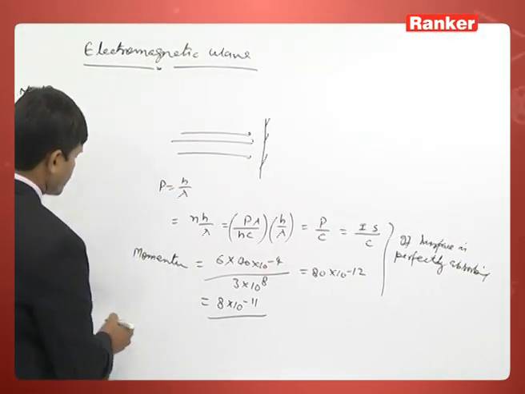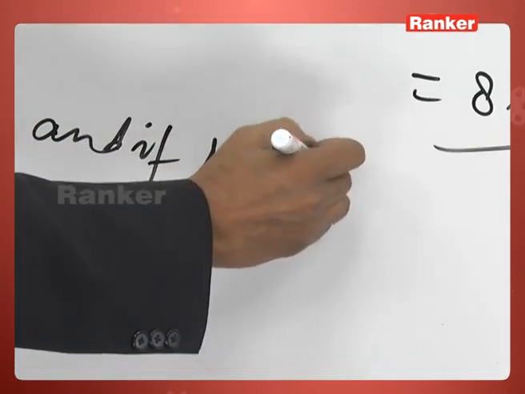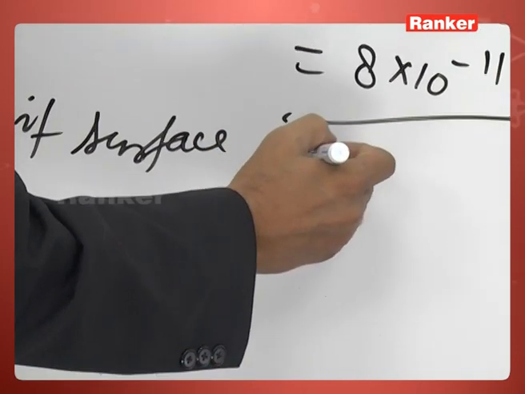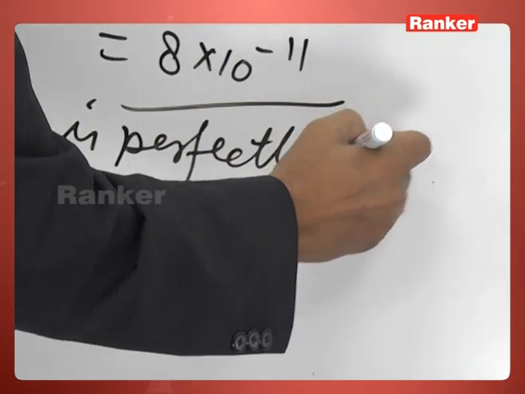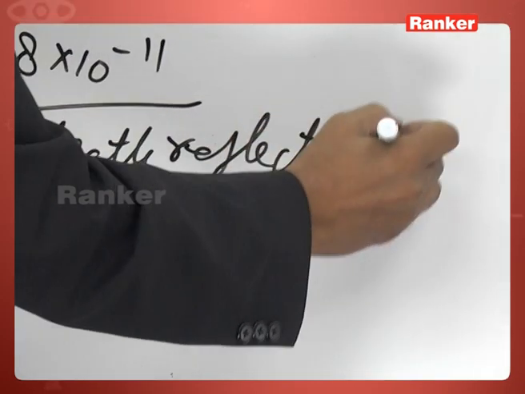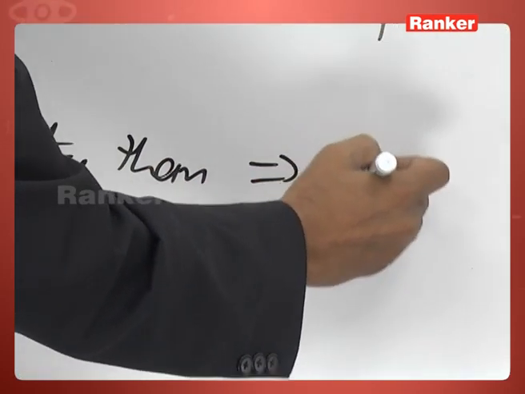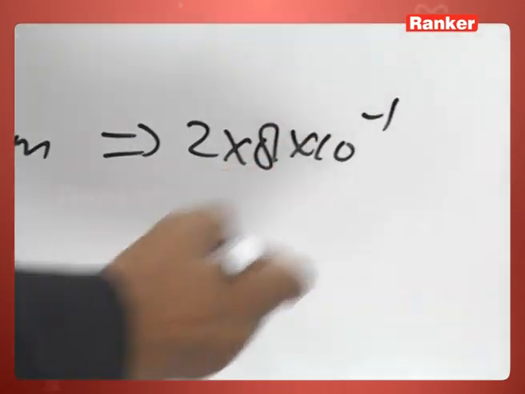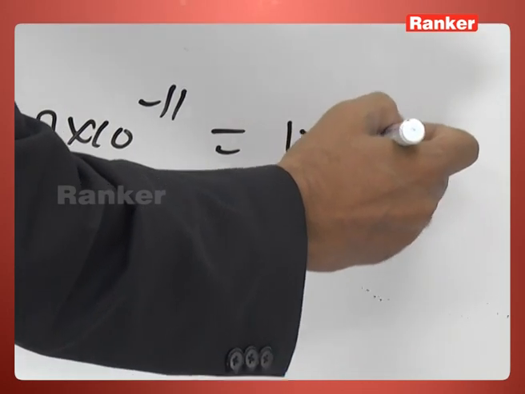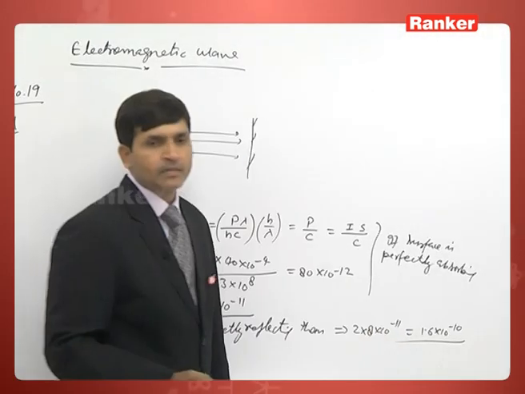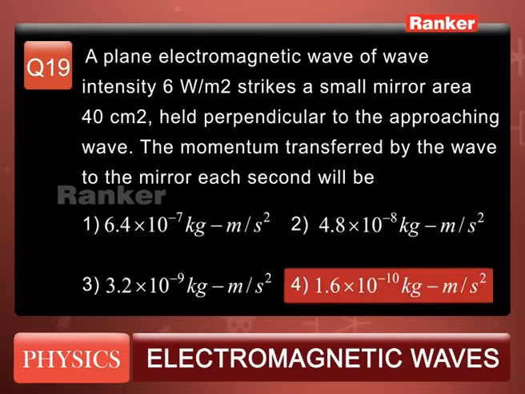And if the surface is perfectly reflecting, then the momentum transfer will be 2 into 8 into 10 power minus 11, which is equal to 1.6 into 10 power minus 10. So our correct option is option number 4.